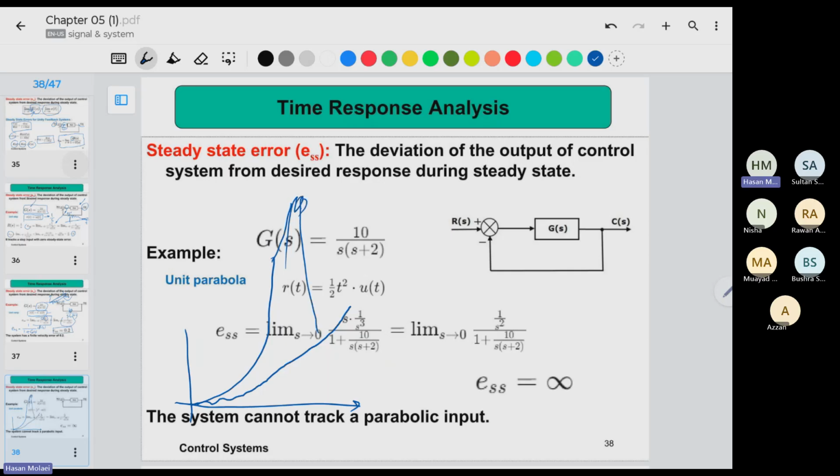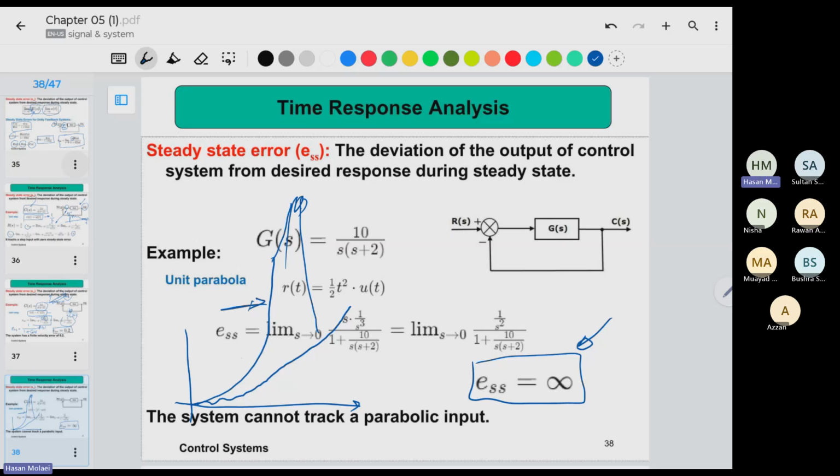So at the end, it cannot follow, you can say, right? So we definitely don't like this. If we are supposed to control a system with this kind of signal at the input, we really want the output to follow. So we can say this is out of our control, right? It's not following.